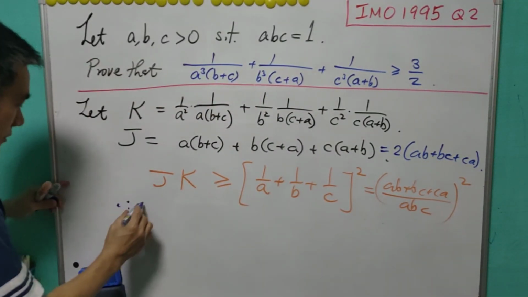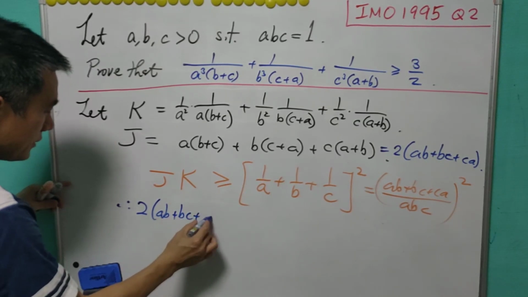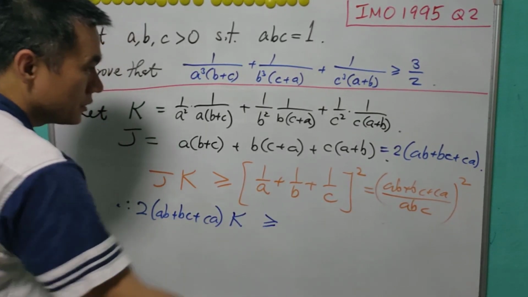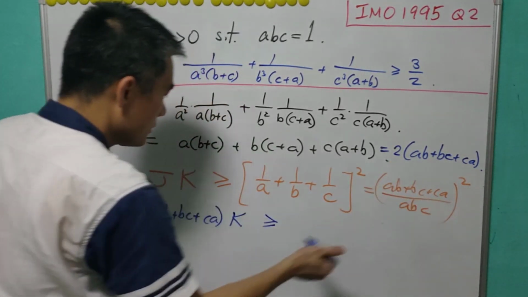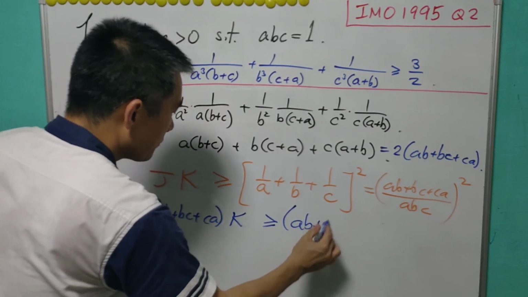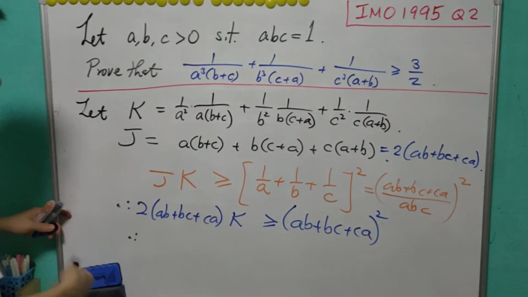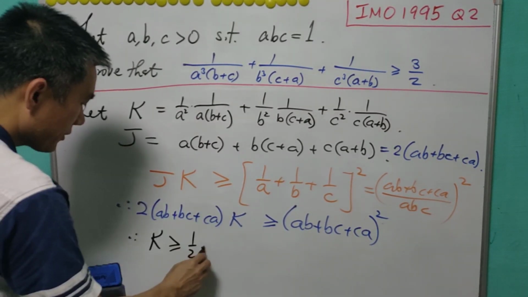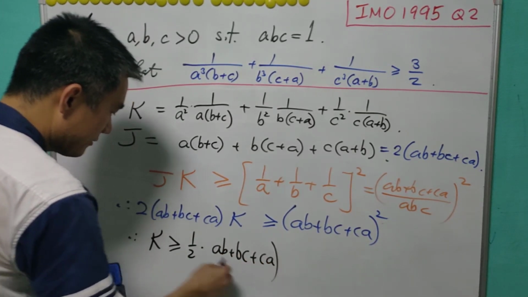Therefore, this means that j, which is double of ab plus bc plus ca, times k will be greater than or equal to this value here, because abc is equal to 1. So this will be (ab plus bc plus ca) squared. Now this means that k will be greater than or equal to half times (ab plus bc plus ca).